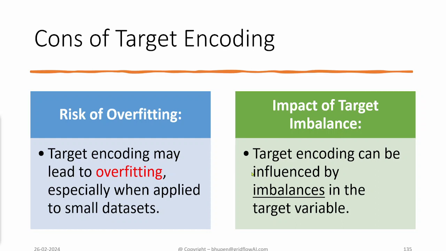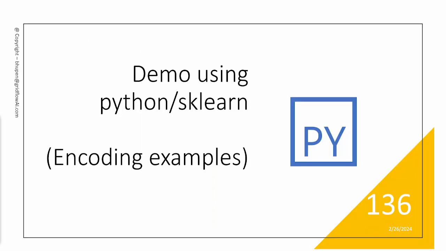That means if a certain categorical value is more prominent than the others, then it will create some sort of imbalance in the representation. So we should analyze for an equal or uniform distribution of categorical values. Next, I'm going to show you the Python example for these encoding methods.